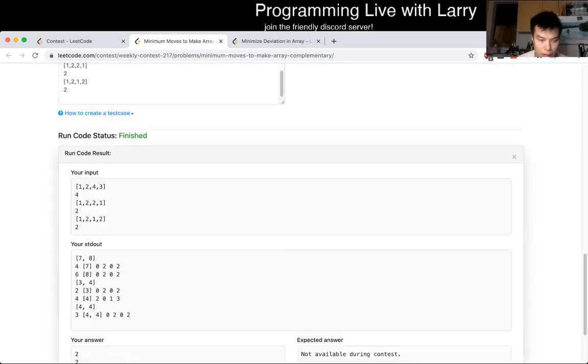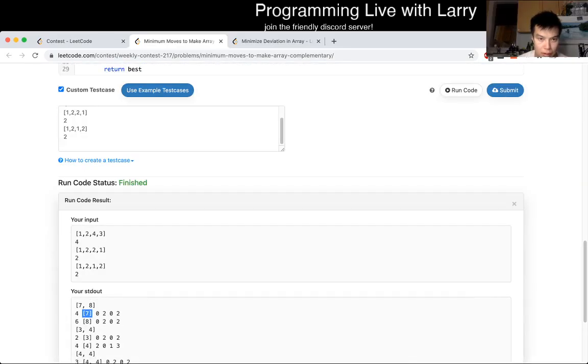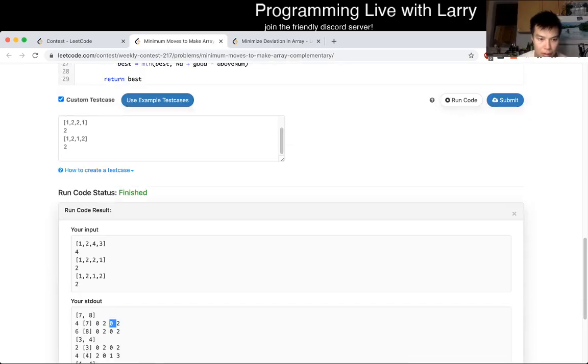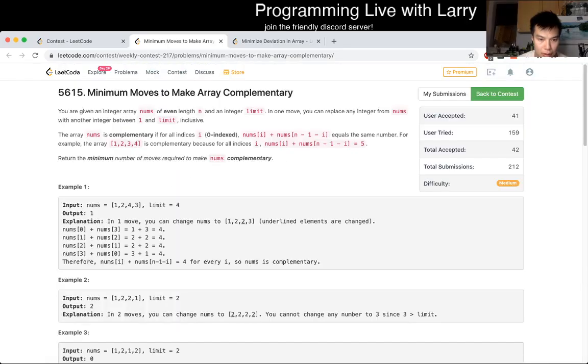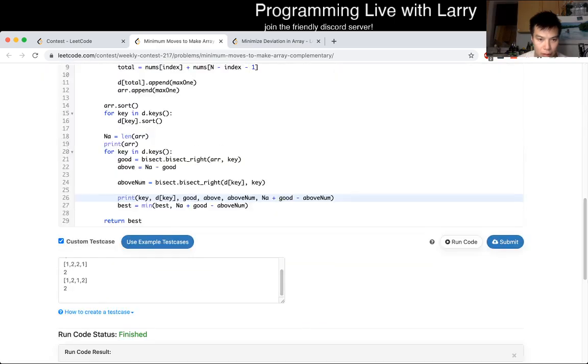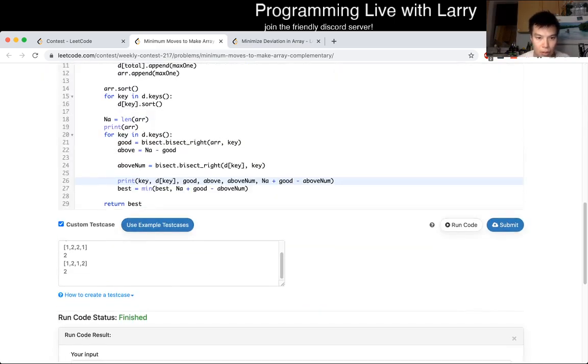this gives me 0. So this is going to be 1. Why is it 1? They're all below. So above are the ones that are 1.